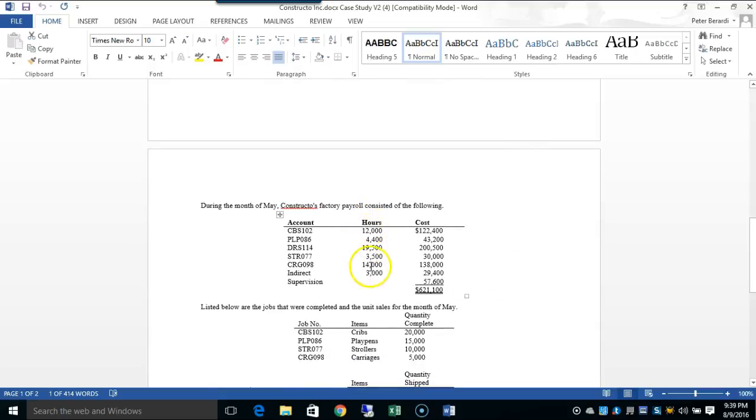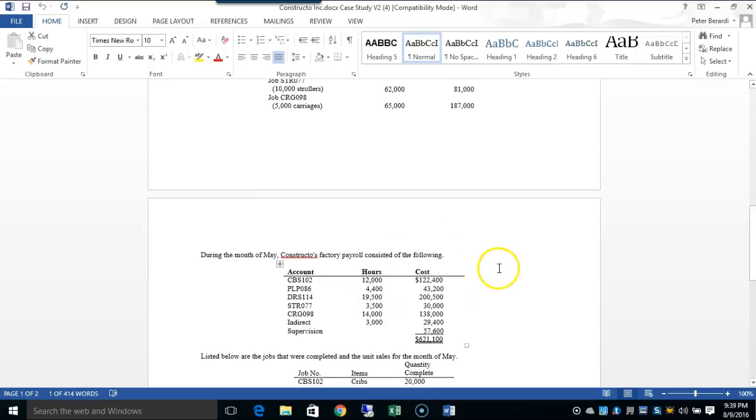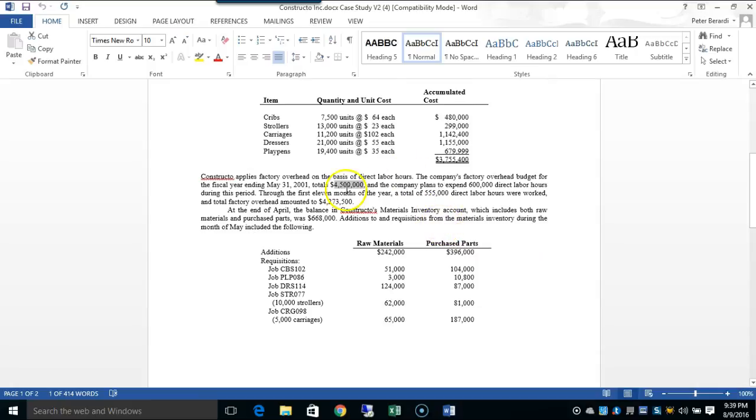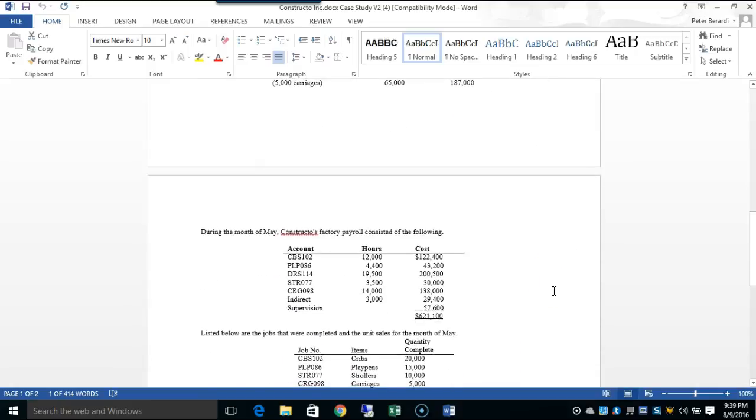And here are your labor hours. So from here, you can apply your predetermined rate calculated from these two numbers and apply it to WIP.